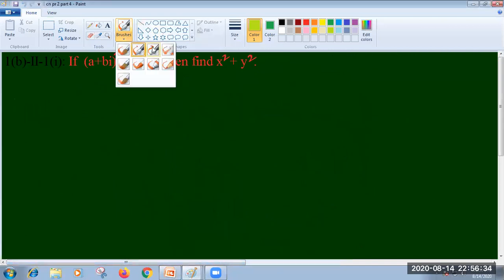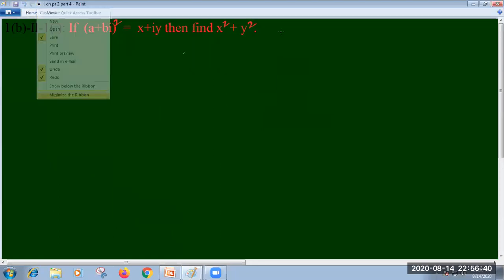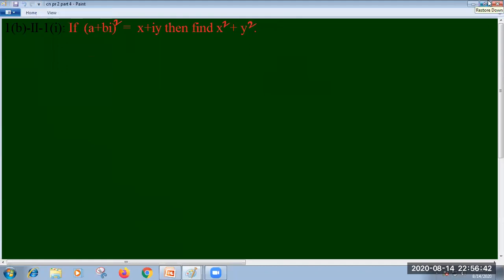Now look at this problem. If a plus bi whole square is equal to x plus iy, then find x square plus y square. Now I am writing the condition. Let us first write the given condition.